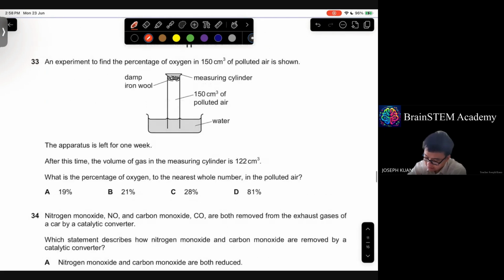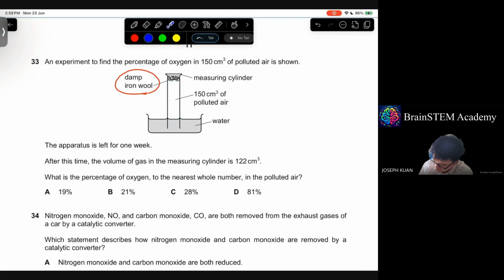33. An experiment to find the percentage of oxygen in 150 cubic centimeters of polluted air is shown here. The apparatus is left for 1 week. After this time, the volume of gas in the measuring cylinder is 122 cubic centimeters. What is the percentage of oxygen, to the nearest whole number, in the polluted air? Now, iron will absorb oxygen from the polluted air to form oxidized iron. It's given that originally it's 150 cubic centimeters.